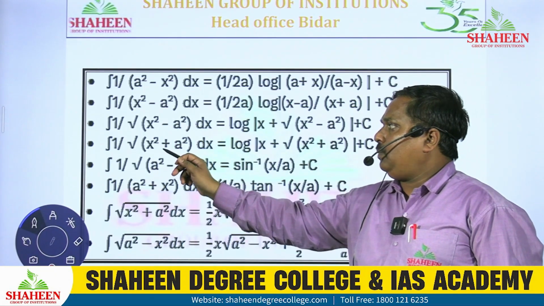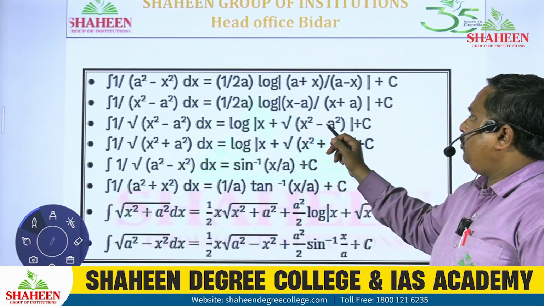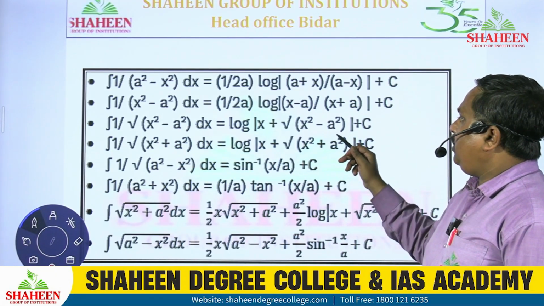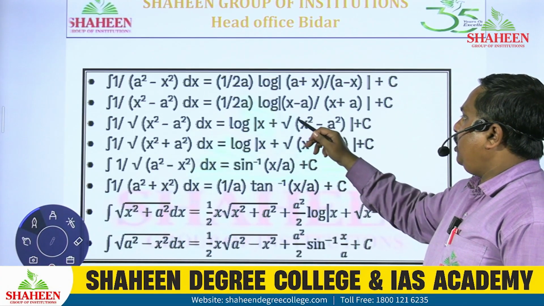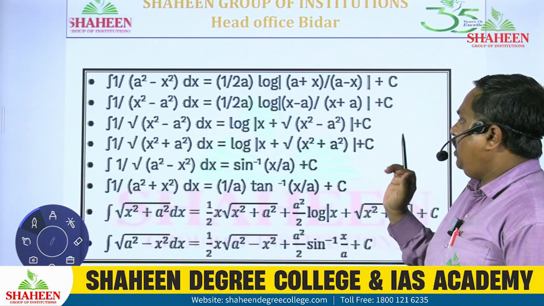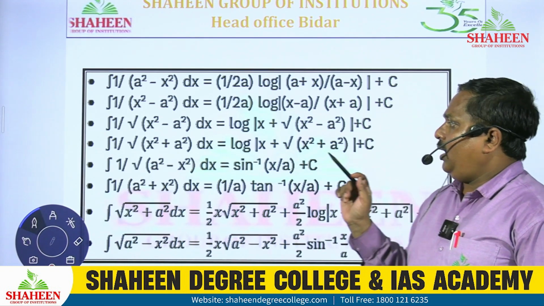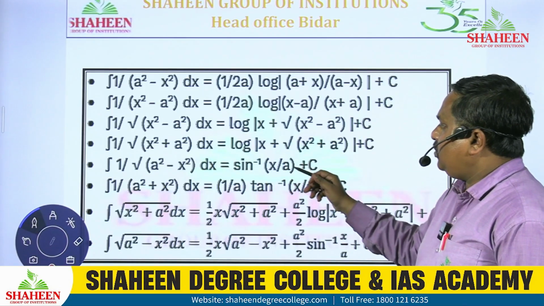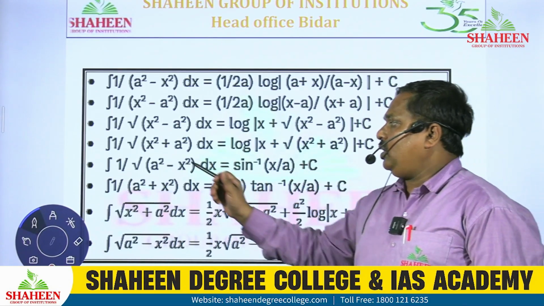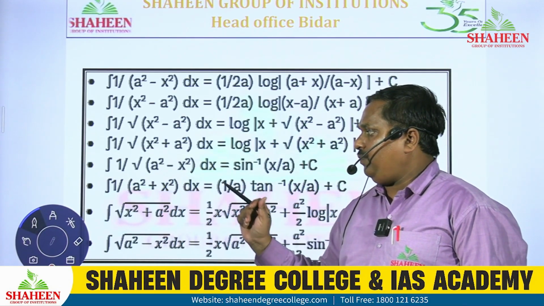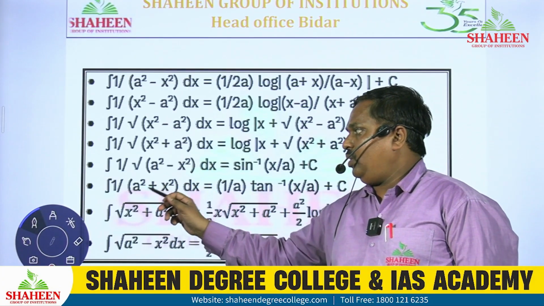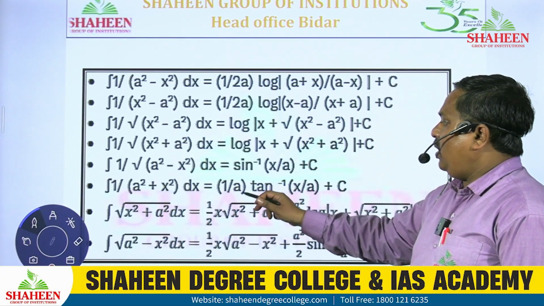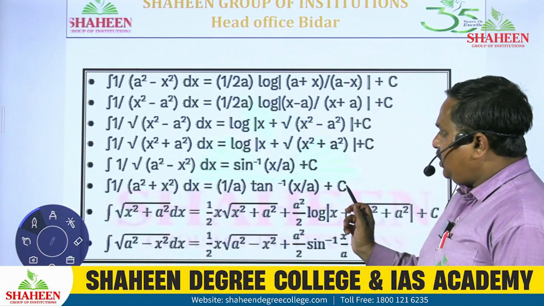If minus becomes plus, then this formula is the same, inside the under root we take x square plus a square. And 1 divided by under root a square minus x square dx is sine inverse x by a plus c. And 1 divided by a square plus x square, where we don't have under root, is 1 by a tan inverse x by a plus c.